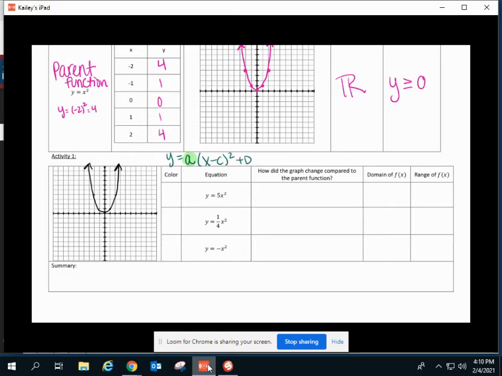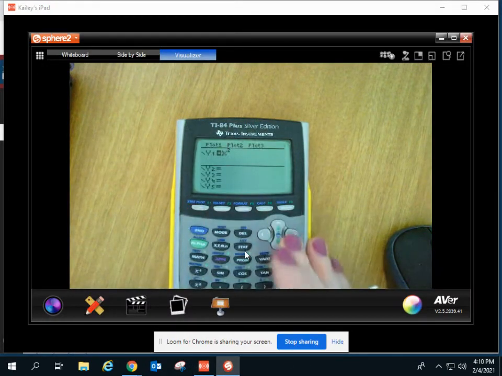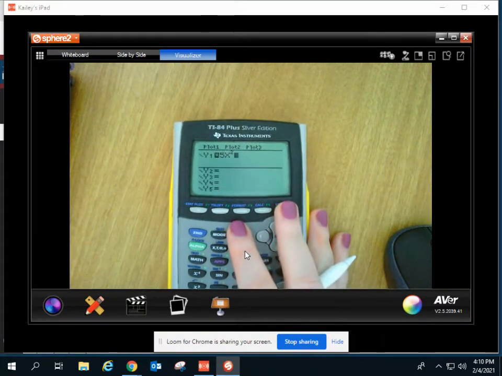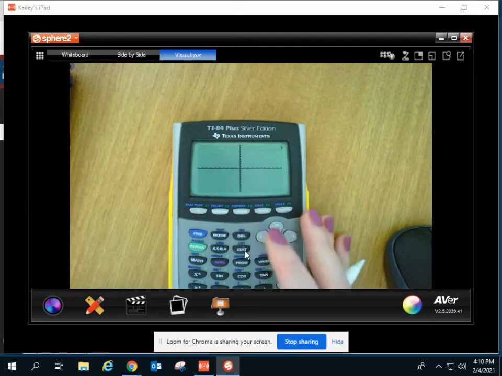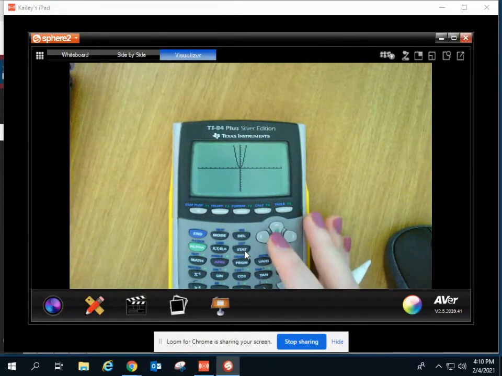Now we're going to start with graphing 5x squared. So I'm going to do that one in blue. And I'll type that into my calculator next, 5x squared. And I see a U shape that looks pretty similar to the parent function.